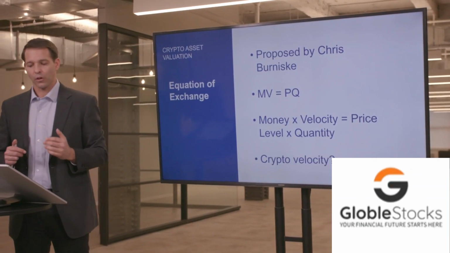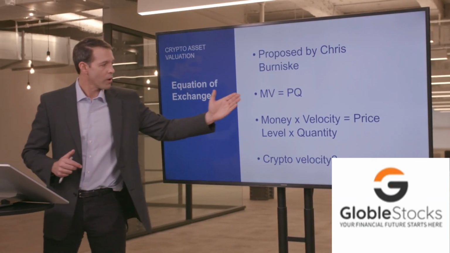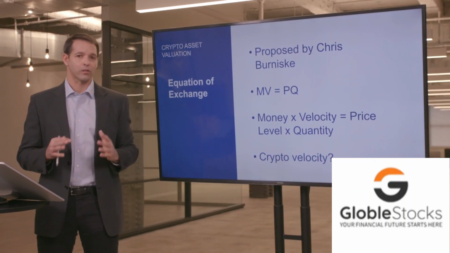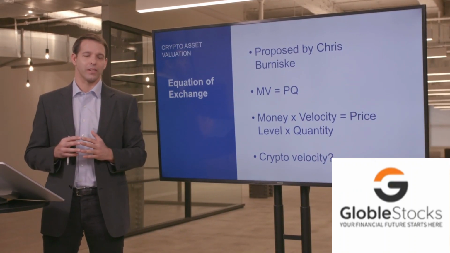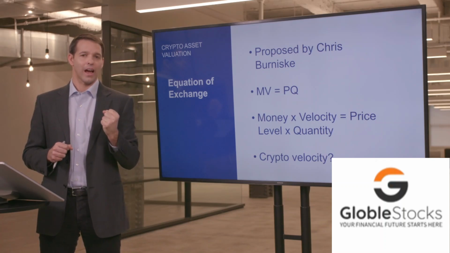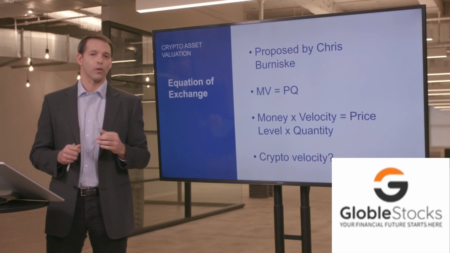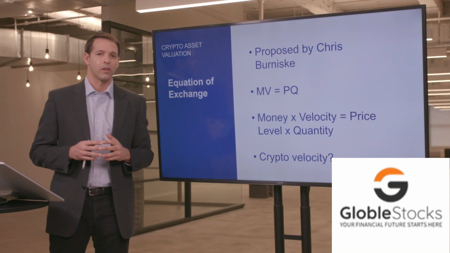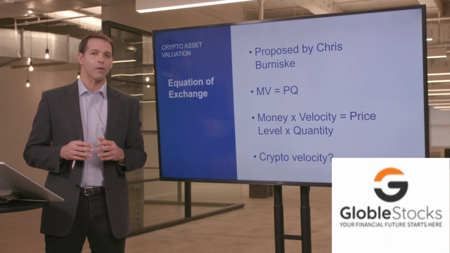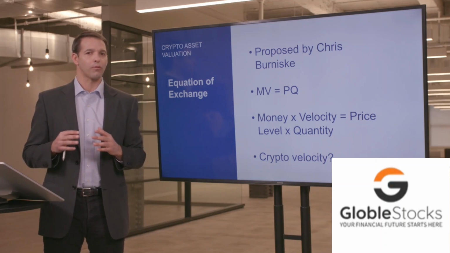When we talk about the equation of exchange, there's one parameter that we're still not really sure of, and that's velocity. Velocity means how many times a unit of account, or a dollar, turns over in a given time period. In the US markets with the US dollar, we have a velocity of a little over 5.